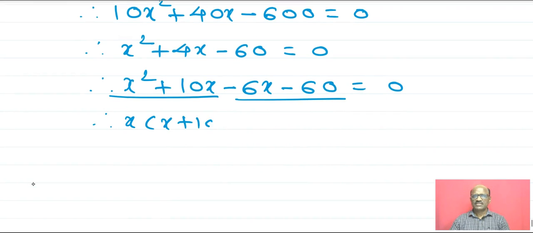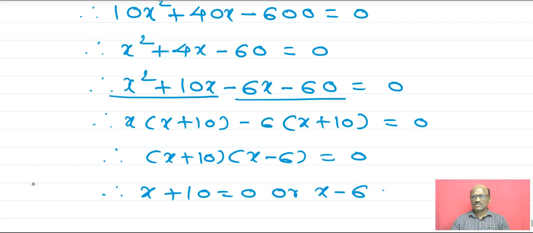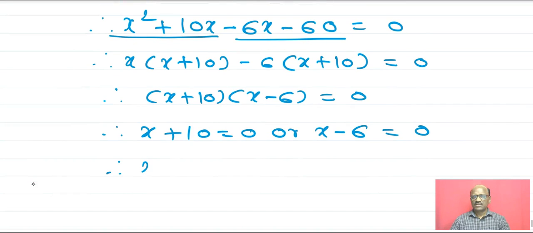Therefore, (x plus 10)(x minus 6) equals 0. So x plus 10 equals 0 or x minus 6 equals 0. Therefore, x is equal to minus 10 or x is equal to 6.